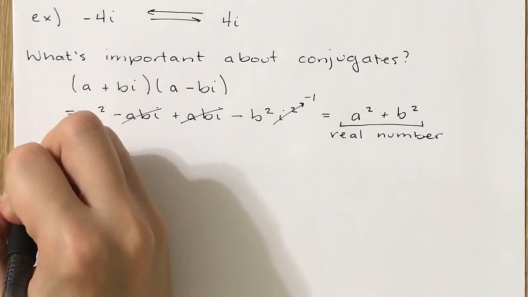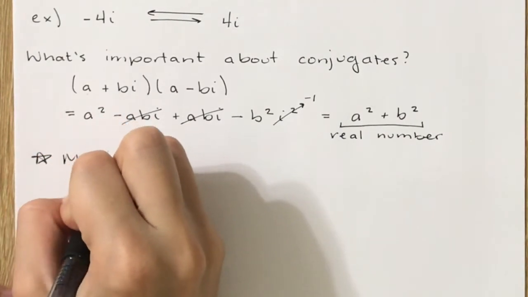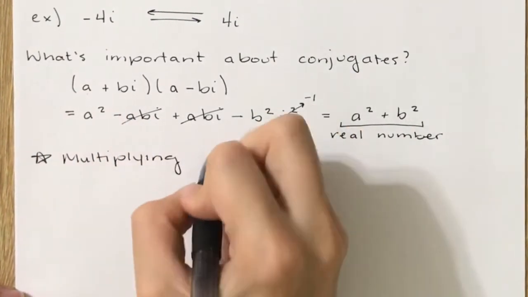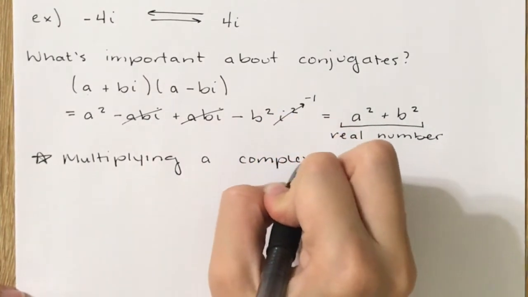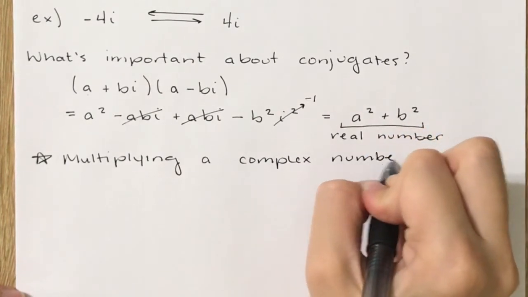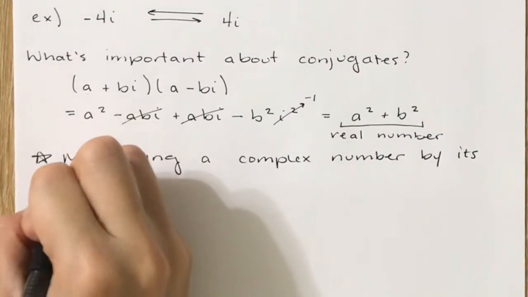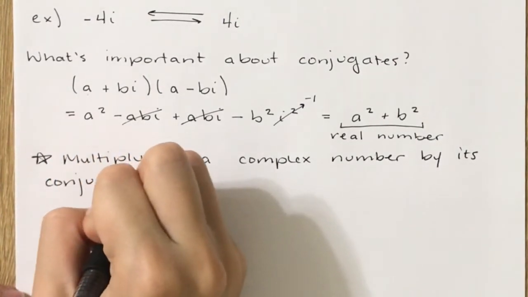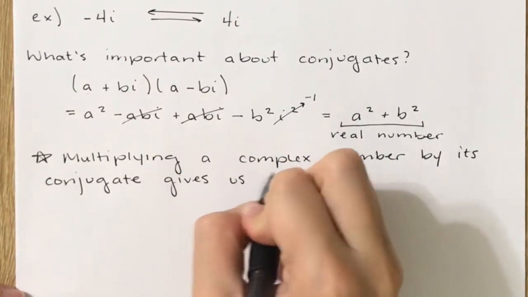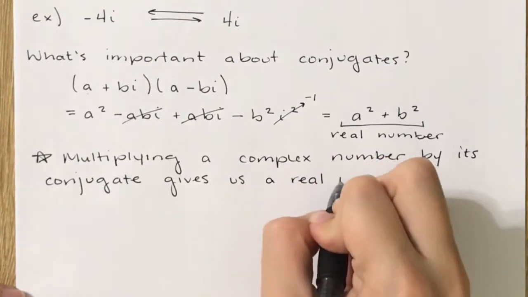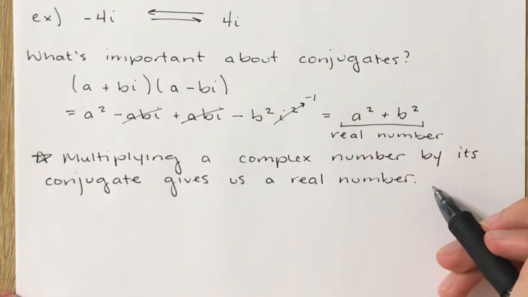So what's important about conjugates? Well, multiplying a complex number by its conjugate gives us a real number. We've seen this a few times before, right?